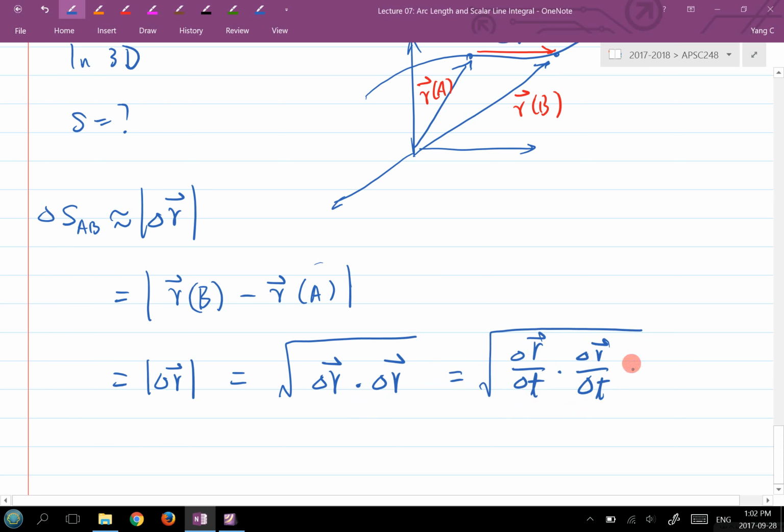So basically you multiply by delta t squared here to keep everything the same. The square root of delta t squared is basically delta t, so you can move the delta t outside the square root. That's one step of manipulation.